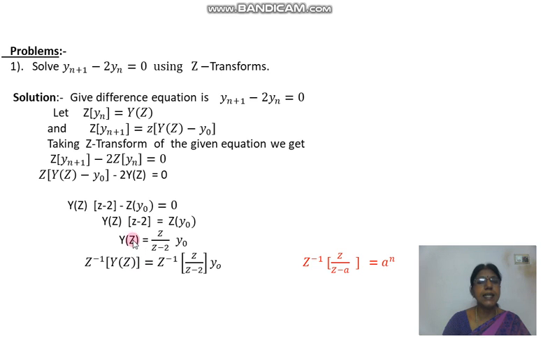Take Z inverse on both sides. You get Z inverse of y of z is equal to Z inverse of z by z minus 2 into y naught. Y naught is some constant. If the problem gives a condition like y naught is equal to 1, 2, 3, we substitute it. Here it is not given, so leave it as y naught. Now what is Z inverse of z by z minus a? This is equal to a power n. Z of yn is equal to y of z, so Z inverse of y of z is yn.